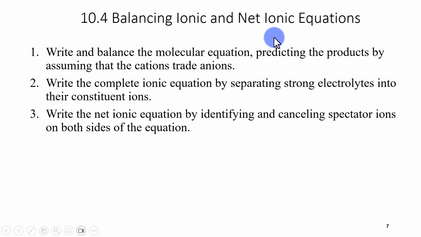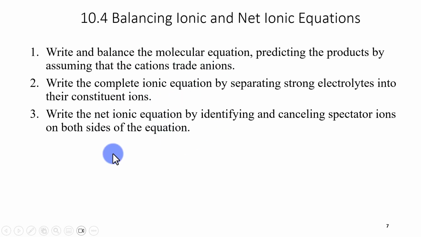When we balance ionic and net ionic equations, we write the molecular equation first without splitting the ions. Then we predict what the products will be by assuming that the cations are flopping, so they're changing anions.